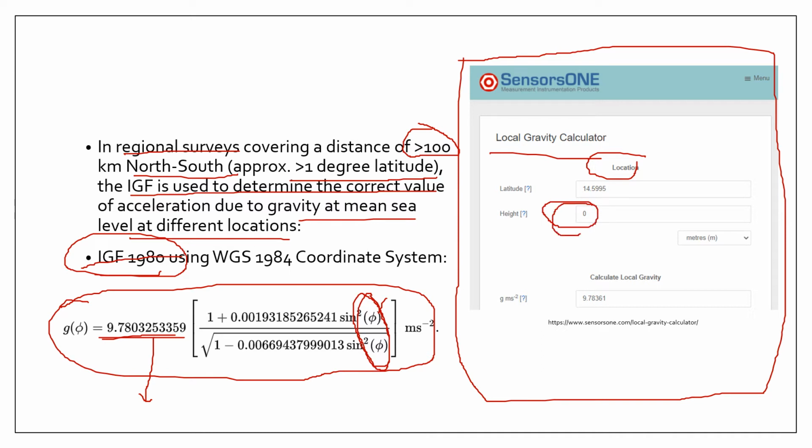This example uses the latitude of Manila, and I inputted a height of 0 for the mean sea level. So the local gravity in Manila is 9.7836 meters per second squared.